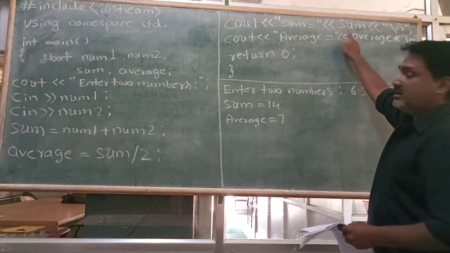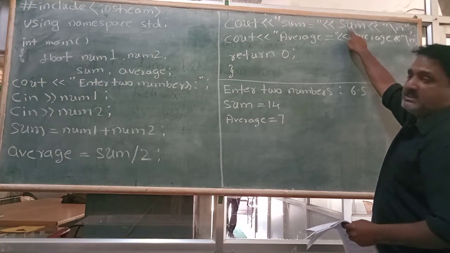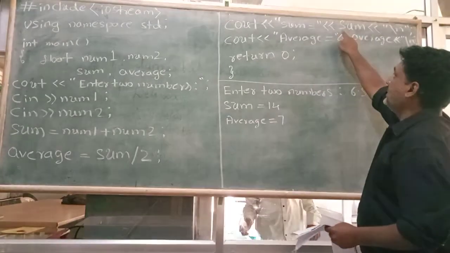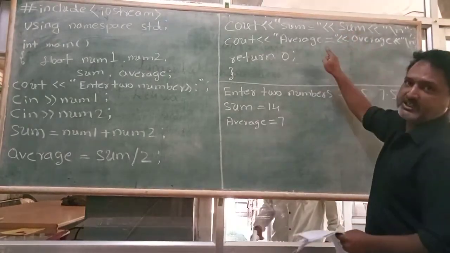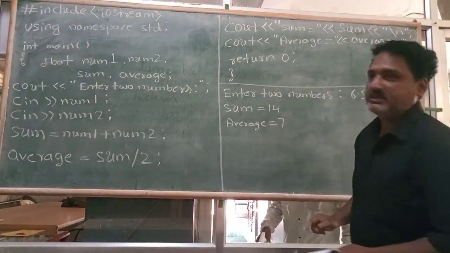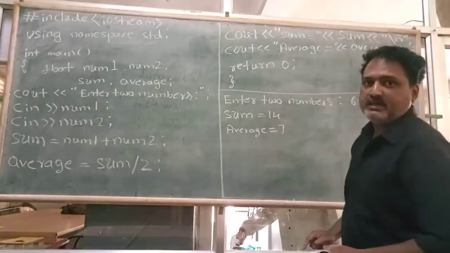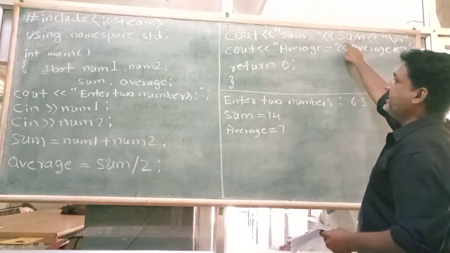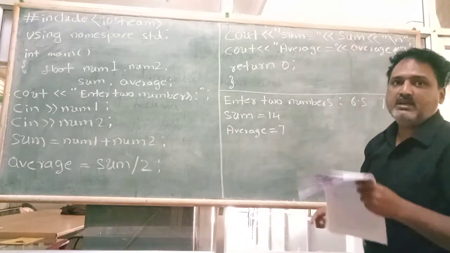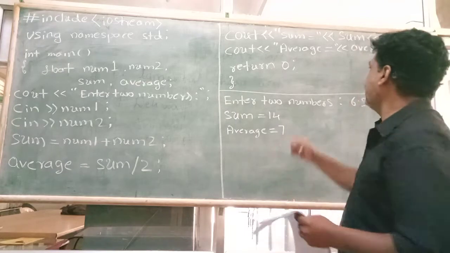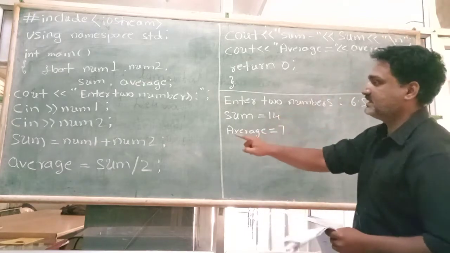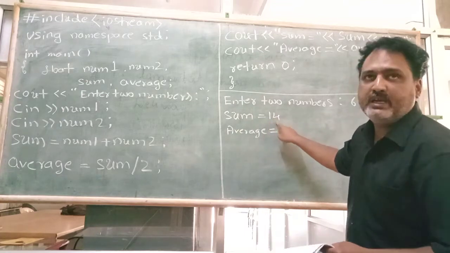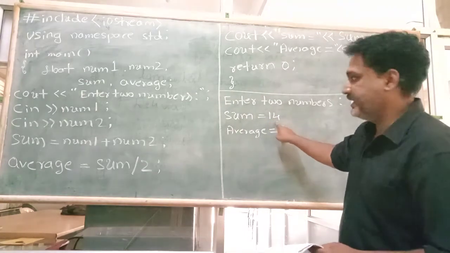Here we haven't used the quotation mark. Observe this. If we use the quotation mark, it becomes a string. Now it is a variable, sum. So don't use quotation marks here. Just write sum. Whatever the value the sum contains will be printed. The sum contains 14, so sum is equal to 14 will be printed.